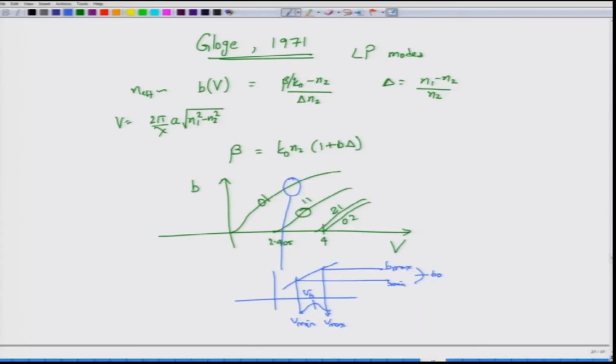So, it is not a linear relationship, and because of this non-linearity, the propagation constants actually depend on what lambda you are transmitting or what pulse width you are transmitting, and most importantly these parameters are further functions of V, and the derivatives of these are what is going to give you the dispersion in the fiber.